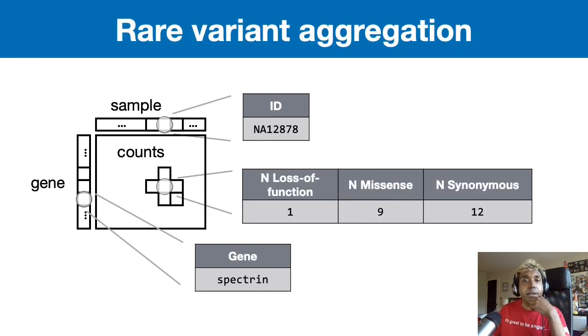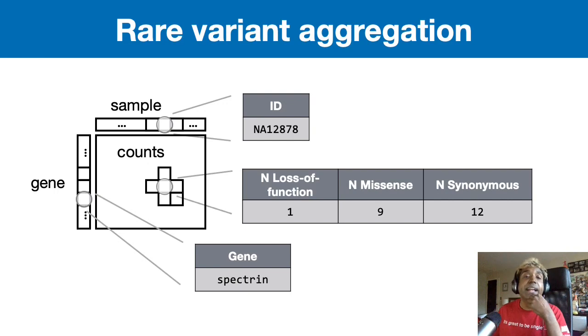In rare variant aggregation, the input file format is no longer per variant, unlike the previous slide, but per gene, because you're collapsing the variants. You'll be learning more about rare variant aggregation and other kinds of tools, especially with SAIGE-GENE, in your next module with Wei Zhou.